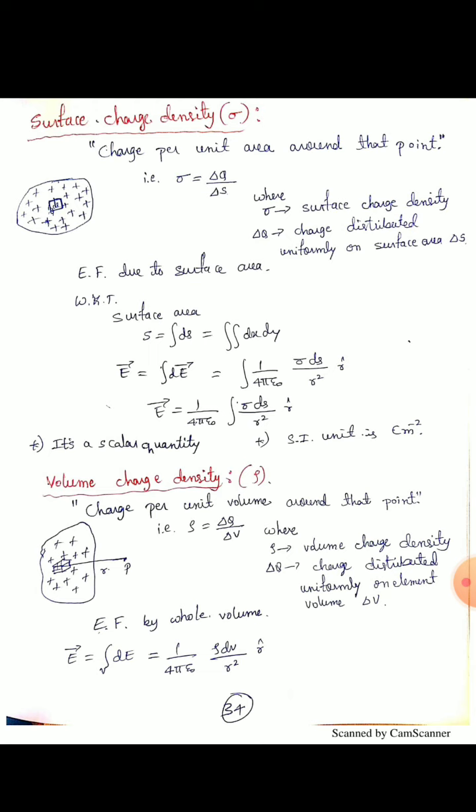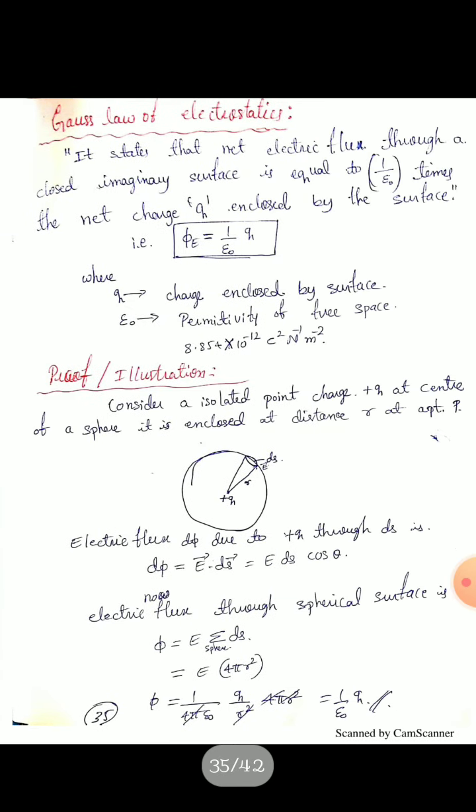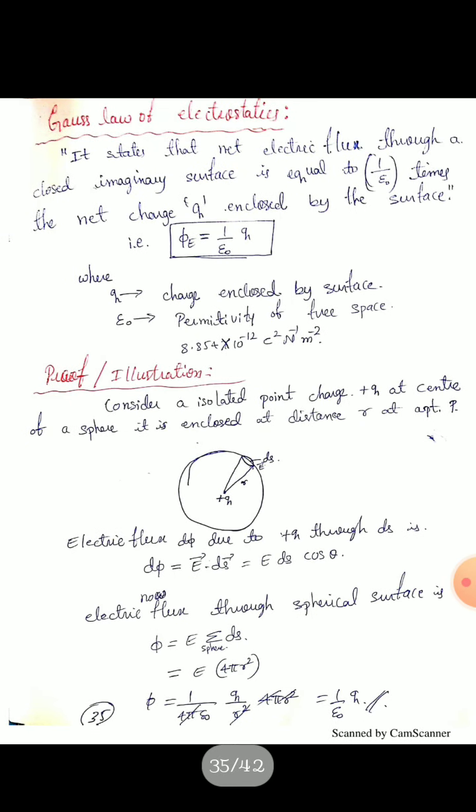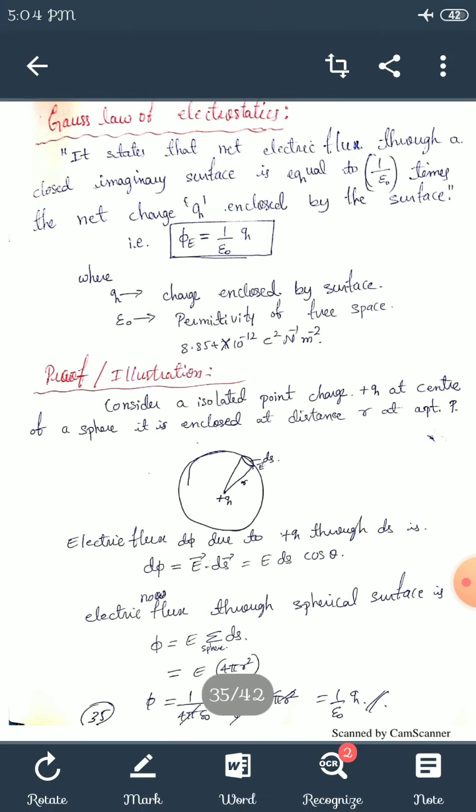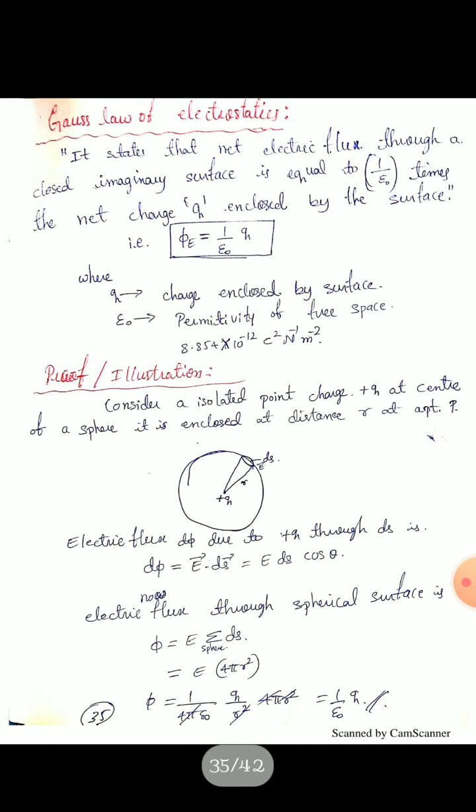Using all these charge densities, nothing but continuous charge distributions, we have to study the next aspect, that is Gauss law. Gauss, a scientist who discussed electrostatics, electric flux, electric field lines. With all due respect, we have to study Gauss law of electrostatics.